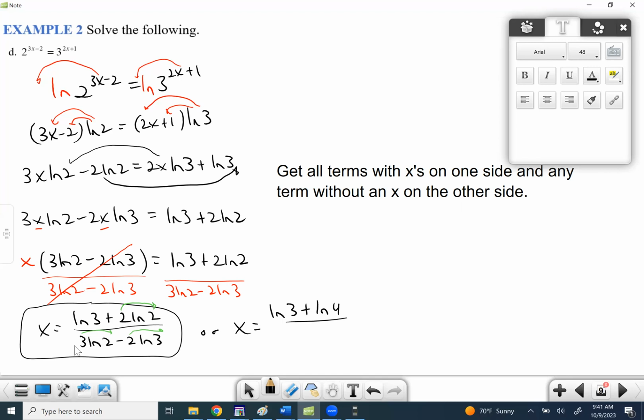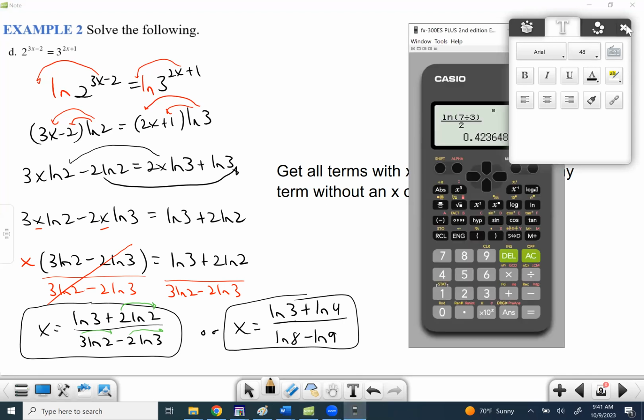If we pull this 3 up to the exponent, it'd be 2 to the third, which is 8. And if we pull this 2 to the exponent, 3 squared is 9. And you can see that this is a little bit simpler to substitute into a calculator than the other one. So let's go and see what that looks like.